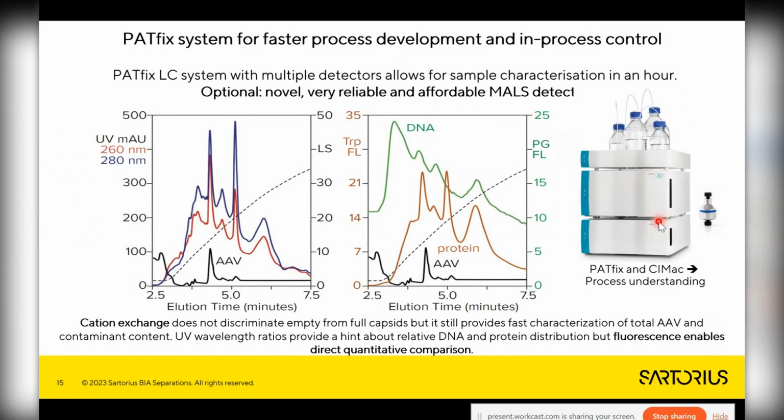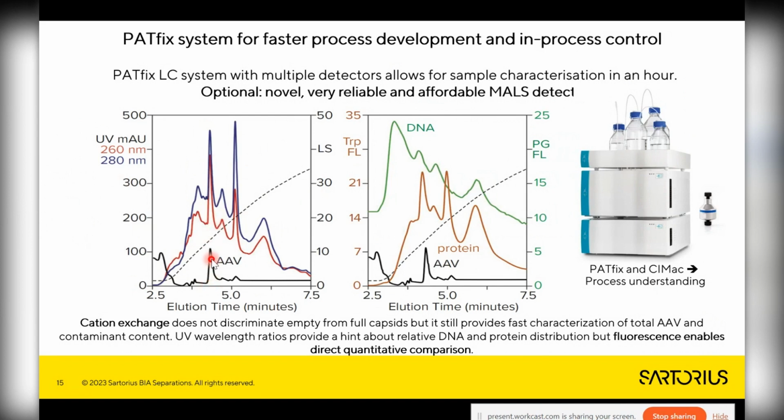It's a specially designed liquid chromatography station. One of the benefits of this station is that we can connect many different detectors to it. In most of the cases, when working with particles, we would employ 3 different detectors. First being UV. In this chromatogram, the 280 is blue, the 260 is red.